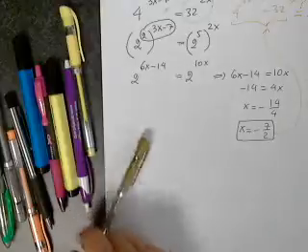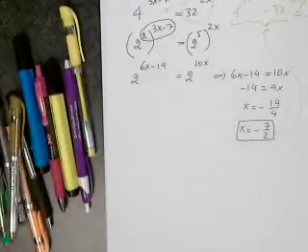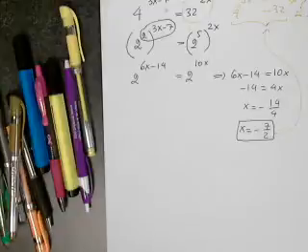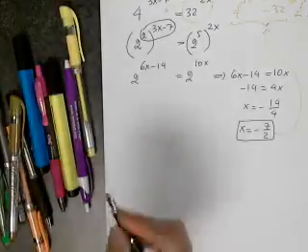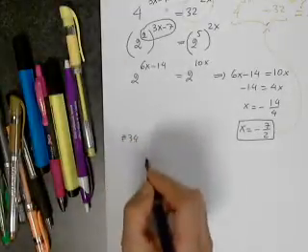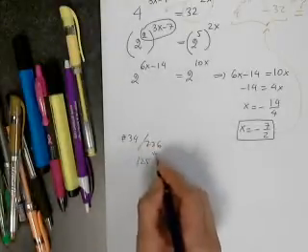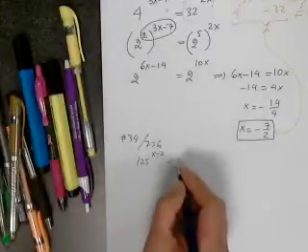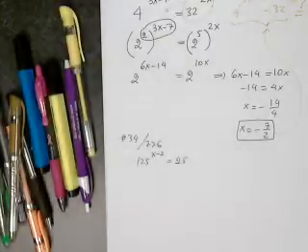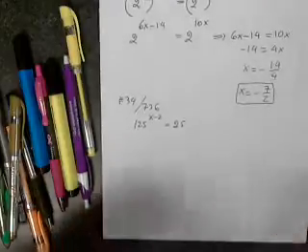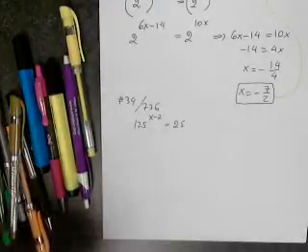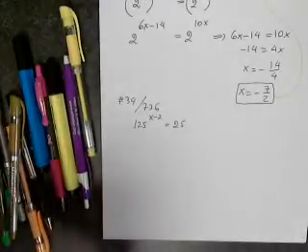Please choose another exponential equation so we can look at word problems. 34 it is. 34 on 736. And we have 125 raised to x minus 2 equals 25. And as I mentioned in this course, you will be able to present both sides with the same base.